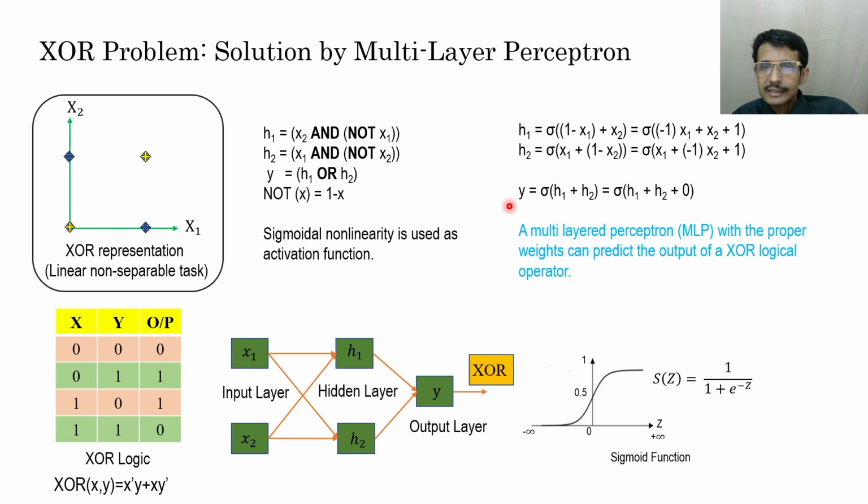So the only thing is that a multi-layer perceptron with proper weights can predict the output of a result which is not linearly separable. And this sigmoid function, as we know, is like this: S(z) equals 1 divided by 1 plus e to the power minus z.